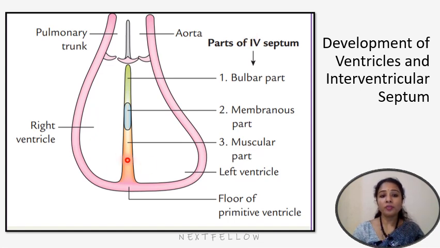The muscular part of the interventricular septum develops as an outgrowth of the muscular wall in the floor of the primitive ventricle. The median muscular ridge grows upwards from the floor of the primitive ventricle near its apex and grows towards the atrioventricular septum, but it stops, creating the interventricular foramen in the beginning and leaving the septum incomplete.